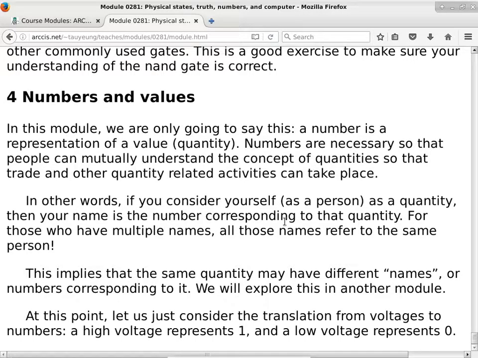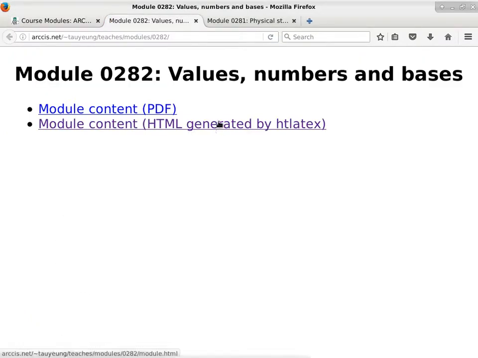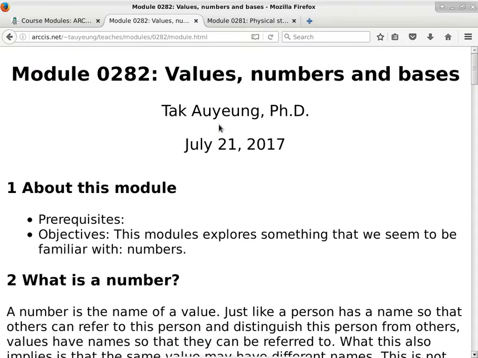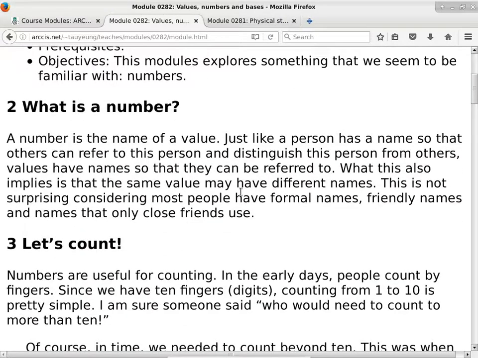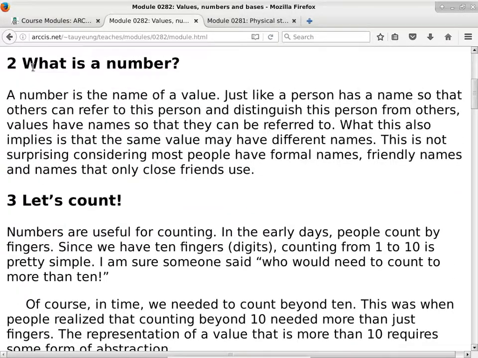So this is how we transition to the next module, which talks about values, numbers, and bases, because now we can start to think about how, to represent the same value, there may be different ways to represent exactly the same thing. So we can skip section 2, which is really just what I talked about a little bit earlier, that a number is a representation for communication purposes.